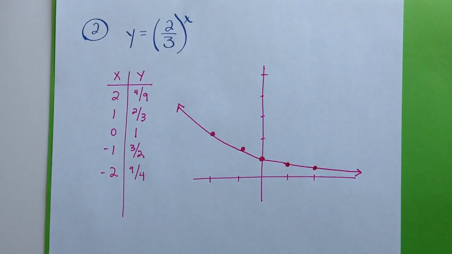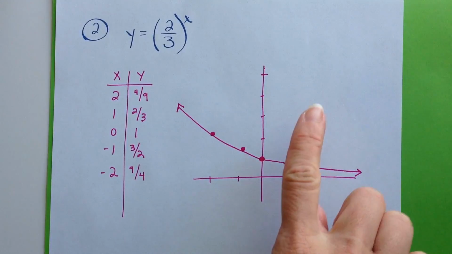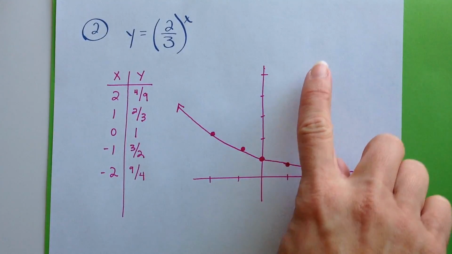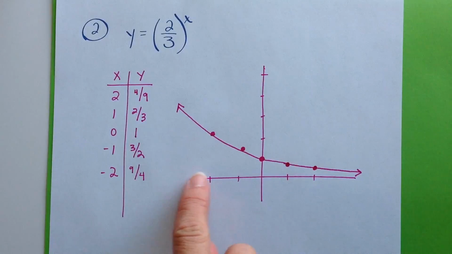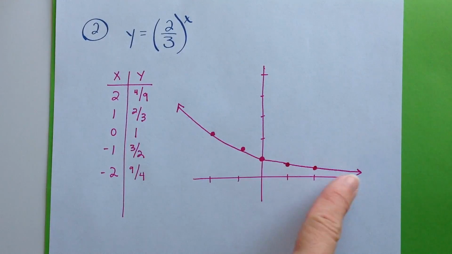But it's also going the opposite direction. Like a while ago, the one I had was going up on the right, and it leveled off along the x-axis as it came out to the left, and this is doing right the opposite. Again, which way it turns is going to be determined by the base. So just remember, you do have a horizontal asymptote here at the x-axis.